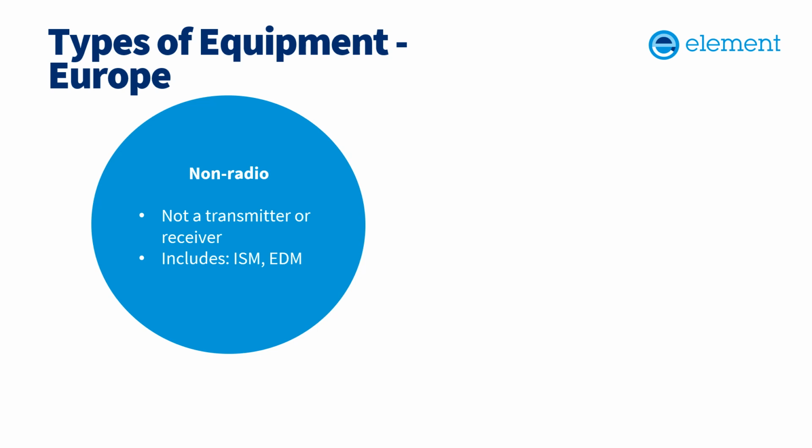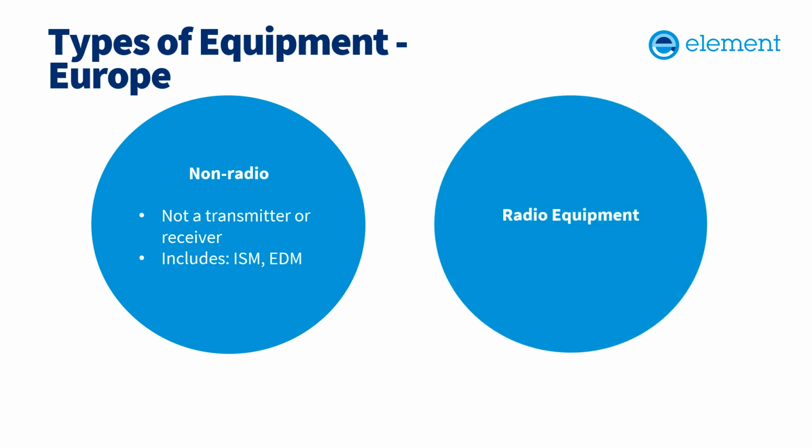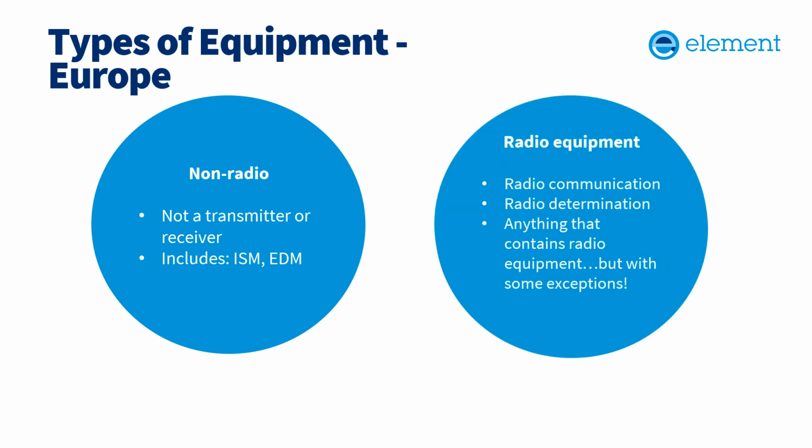And then we have electro-discharge machines, which again use RF energy for the treatment of materials themselves. So again, transmitting, in this particular case, very high power RF energy, but not for communication. And because both of those categories don't communicate, they're considered as non-radio, as opposed to radio equipment, where, as I say, it's anything to do with communication or radio determination.